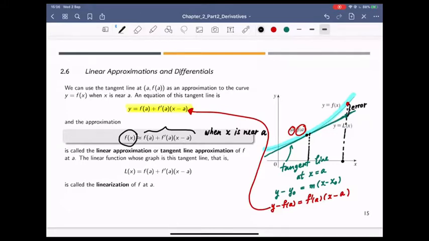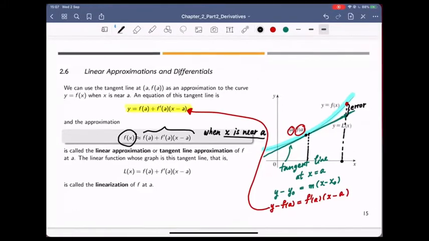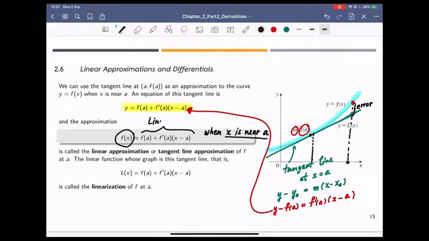So the idea for this section is, when x is near a, we're going to approximate our function f by using the linear approximation. This is my linear approximation, just using f at the point a plus f prime at a times x minus a.